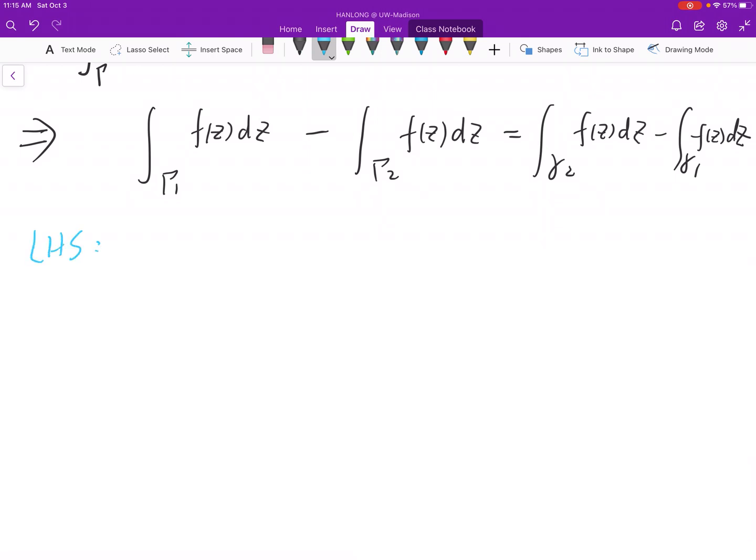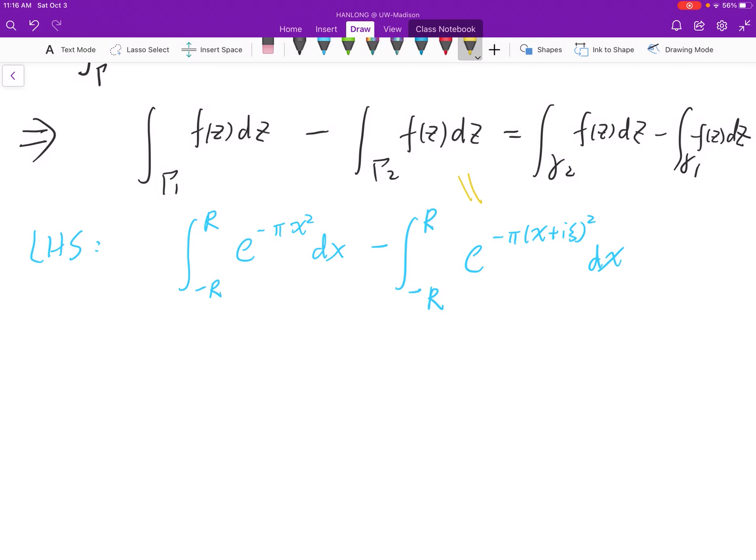The left-hand side just gives you the integration from negative r to r of exponential negative pi x squared dx, minus the integral from negative r to r of exponential negative pi (x plus i c) squared dx. For this part you need to do a little bit of parametrization.